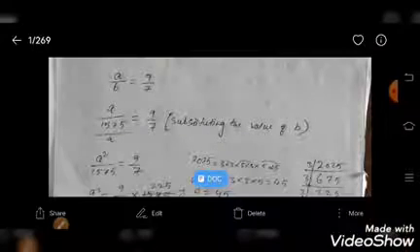The next step, you just substitute the value of B here, in A by B. B equals 1575 by A. So in the next step, A square by 1575. How do we get A square by 1575?